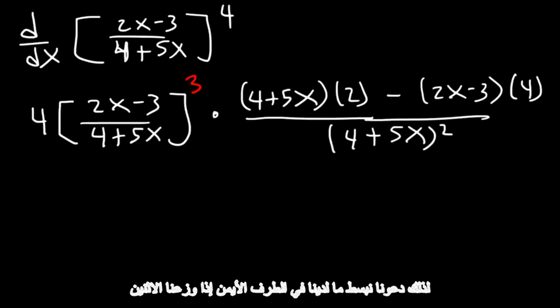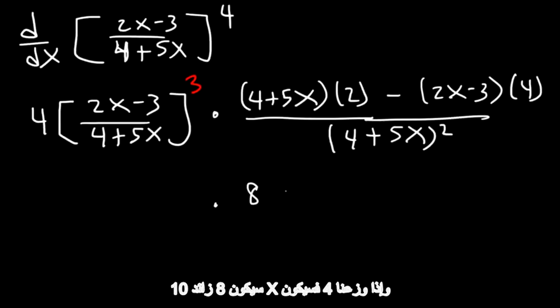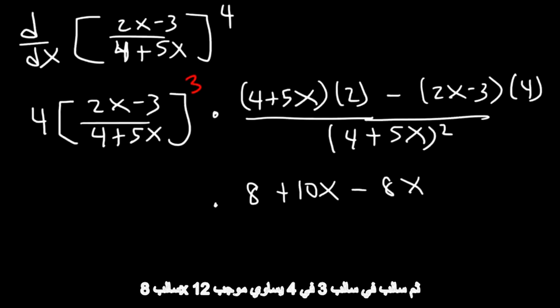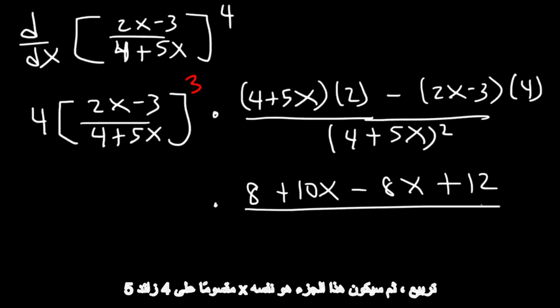So let's simplify what we have on the right side. If we distribute the 2, it's going to be 8 plus 10x. And if we distribute the 4, it's going to be negative 8x. And then negative times negative 3 times 4, that's positive 12. Divided by 4 plus 5x squared.